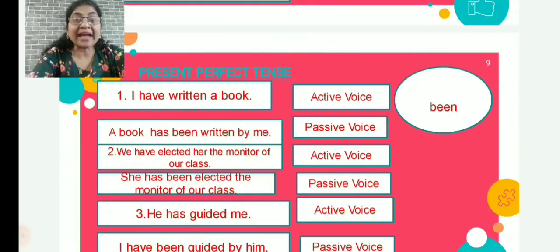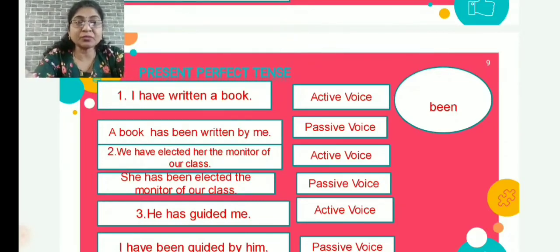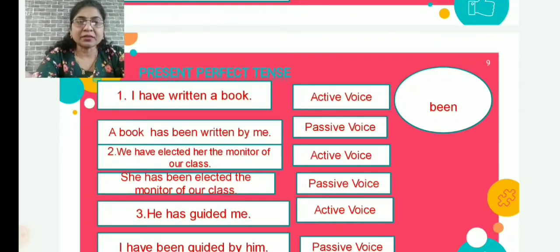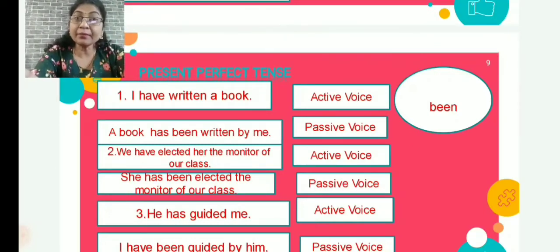Now, a book has been written. Now what is done after the supportive verb? In every sentence you must have marked that after the supportive verb we use a to be verb. That can be be, that can be being, that can be been. So in the present perfect tense, that means in the perfect tense, we use been after the supportive verb in passive voice.